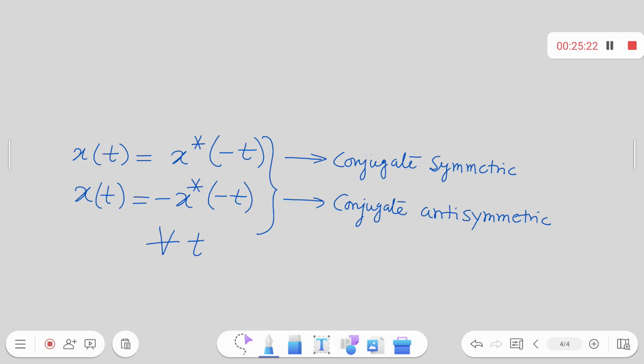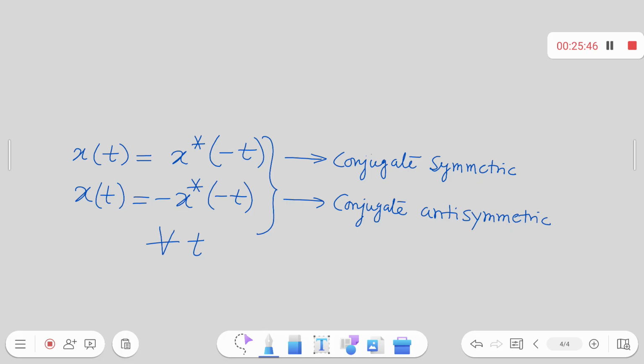Now, if the signal itself is a real signal, then conjugate symmetricity is basically the evenness of the signal, and conjugate antisymmetricity is basically the oddness of the signal. You know that for a real signal, x star of t is equal to x of t. For a real signal, the star means complex conjugate, which is the same thing.